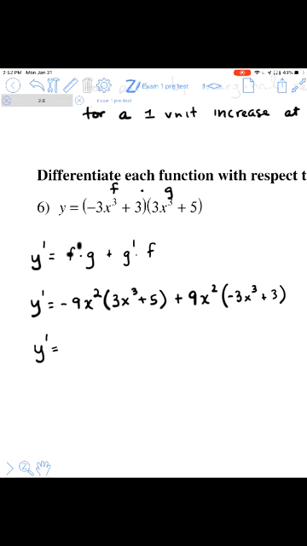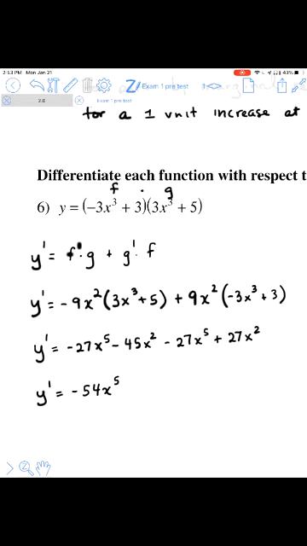So negative 9x squared times 3x cubed, that's negative 27x to the fifth minus 45x squared, and then if we distribute there in the next part, that's negative 27x to the fifth plus 27x squared. Combining some like terms, we're going to have negative 54x to the fifth.